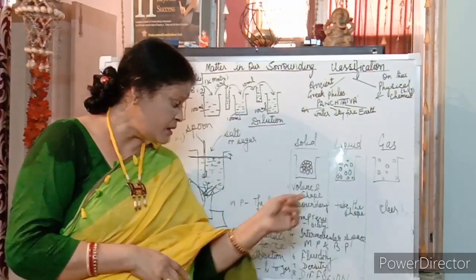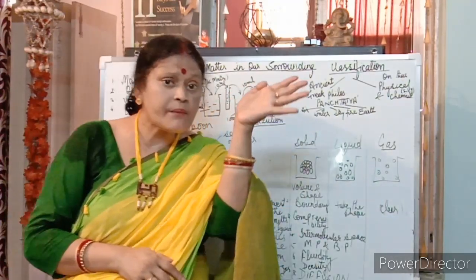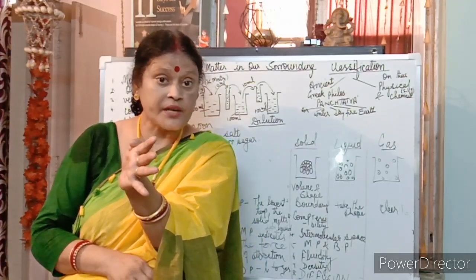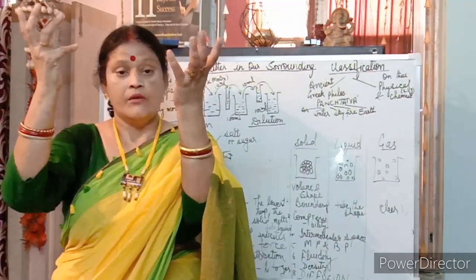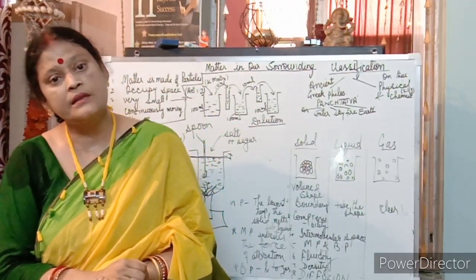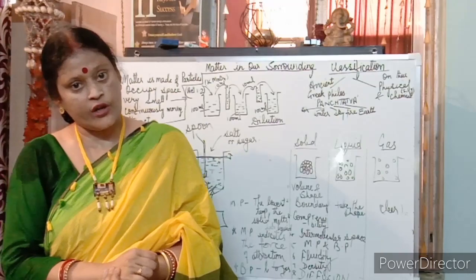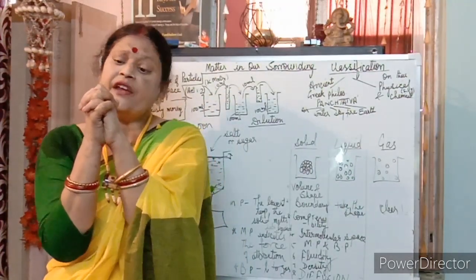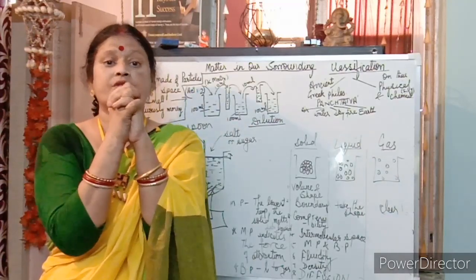So, what is melting point? The lowest temperature at which it starts melting. Boiling point is the temperature at which it starts boiling. Now, in solids, particles are very tightly packed with each other. It is very difficult to boil as well as to melt.